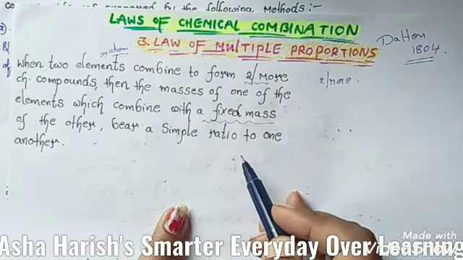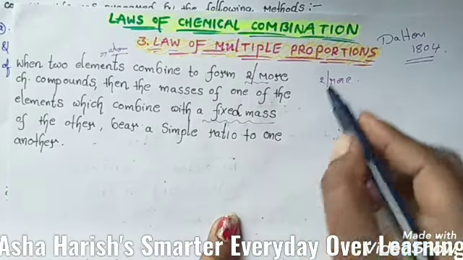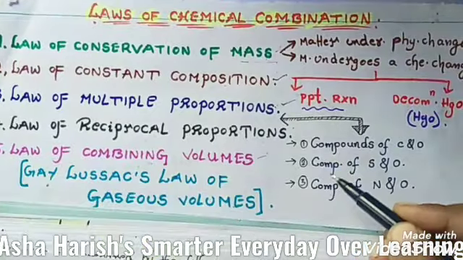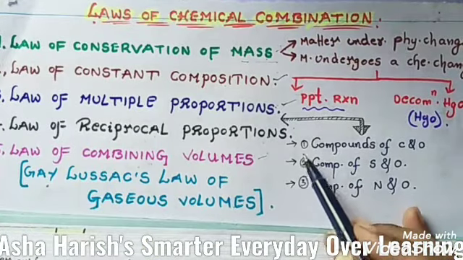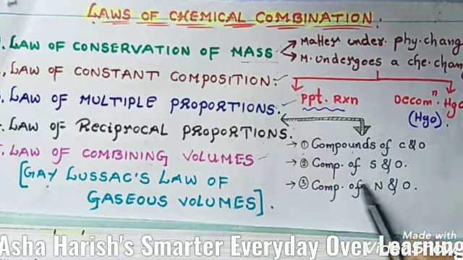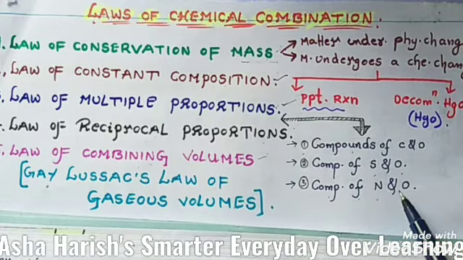ratio to one another. The law of multiple proportions is illustrated by the first one, compounds of carbon and oxygen, the second one, compounds of sulfur and oxygen, and the third one, compounds of nitrogen and oxygen.